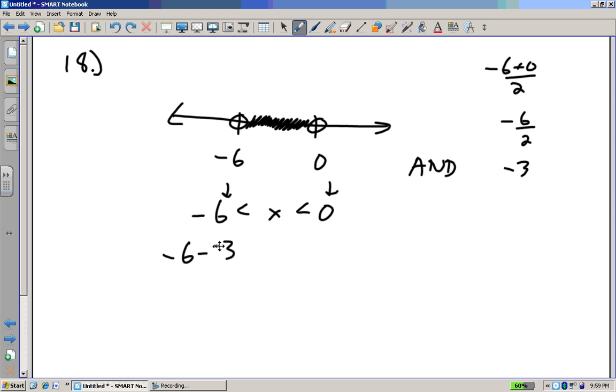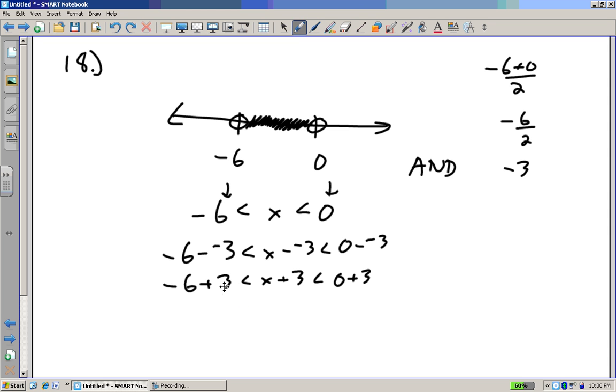So -6 minus a -3 is less than x minus a -3. It's less than 0 minus a -3. And we're going to keep change. So really we've ended up adding that 3 to all the parts.